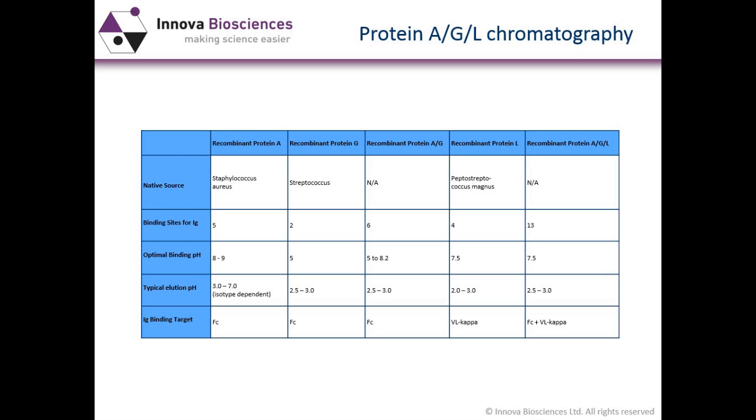The advantages of these are that they provide a rather broader spectrum of purification than the simple protein A or protein G itself. So people will have their own preferences. Many people will actually start using protein A as being the slightly more gentle version for purification because the elution pHs are a little higher. But with some antibodies, as we'll see in just a moment, protein G or protein L may be more appropriate.